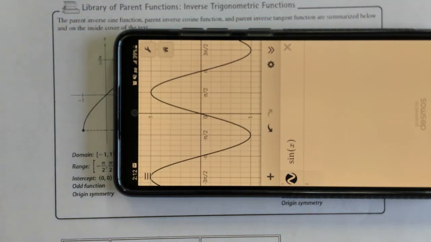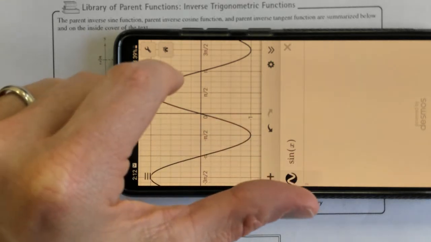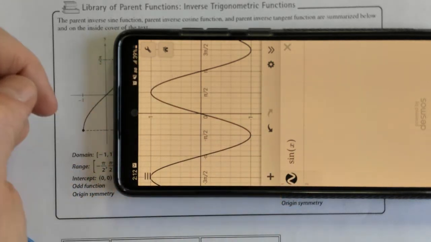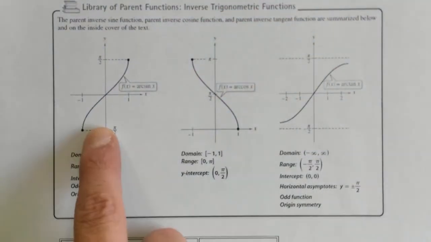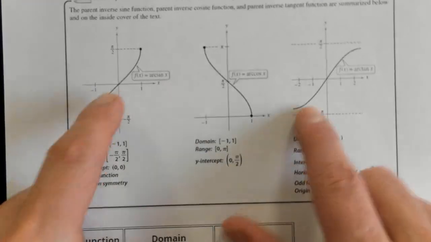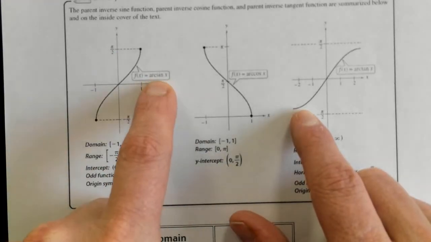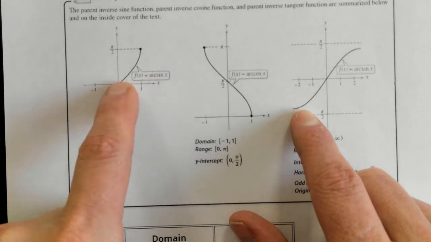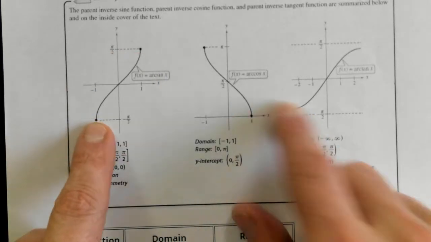That's why the range of the inverse functions is so restrictive, because as soon as it doubles back over itself, it would not be a function. This is flipped from what the graph actually should be, but you can see it here. The range for inverse sine has to stop at pi over 2 and negative pi over 2.